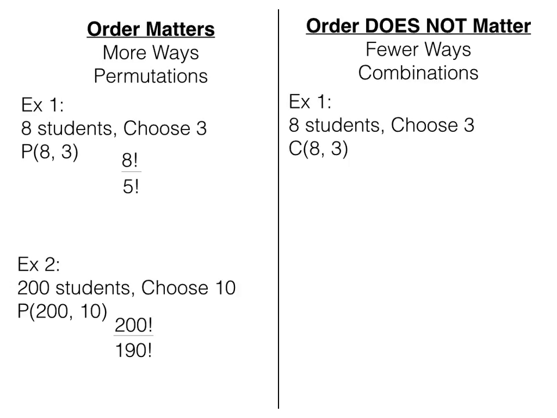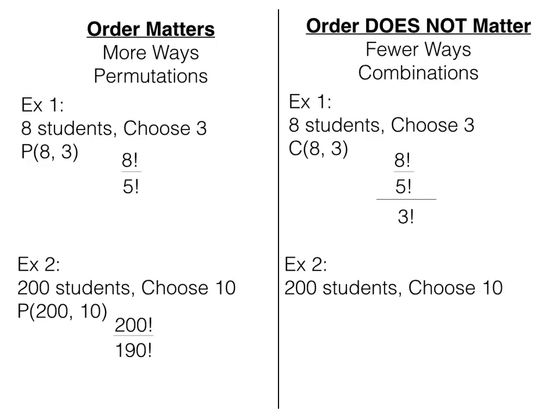So that's C(8,3). Those were our permutations, and we had to divide that by 6, or 3 factorial, because those are the different ways our 3 officers could have been arranged. In example 2, 200 students choose 10, C(200,10). Those are our permutations, but we need to divide that by 10 factorial because that's the number of ways our 10 officers could have been arranged.